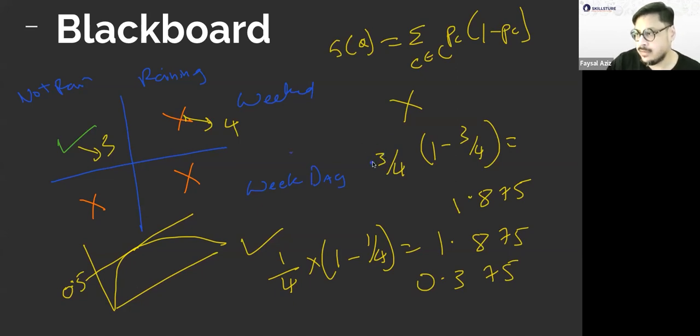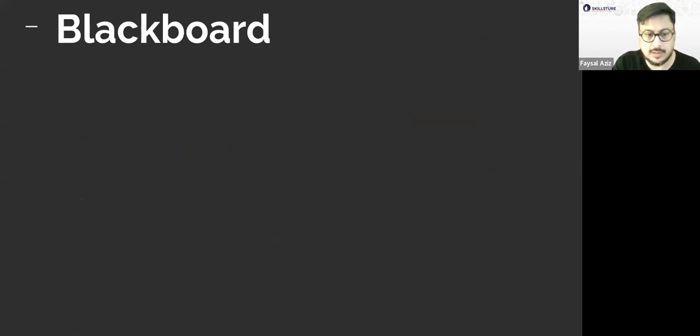Let me just do the calculation myself. Number of crosses I got was 4, number of ticks I got was 3. So in total, it was 7.